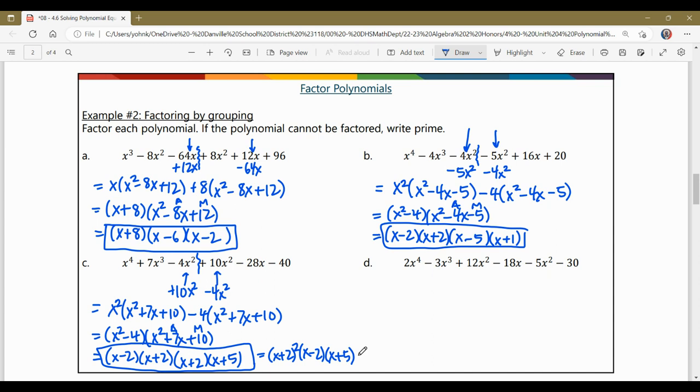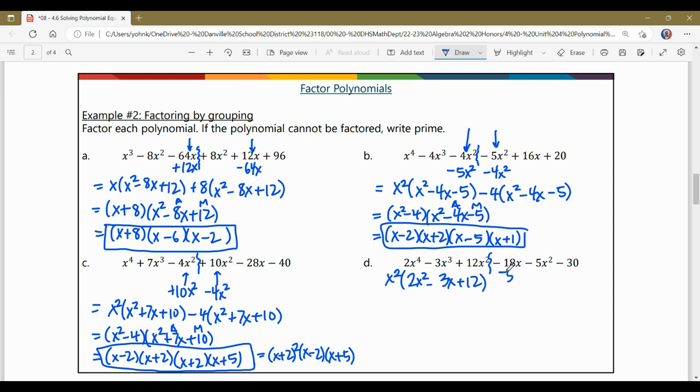All right, letter D here. Let's chop it in half. Take out the GCF of the first. So that would be x squared. That leaves me with 2x squared minus 3x plus 12. Now I notice in the second half here that the order is not in the proper order.